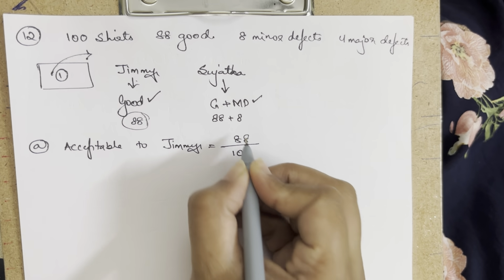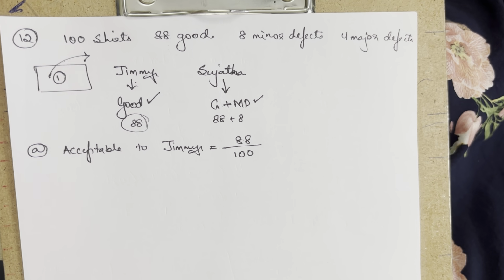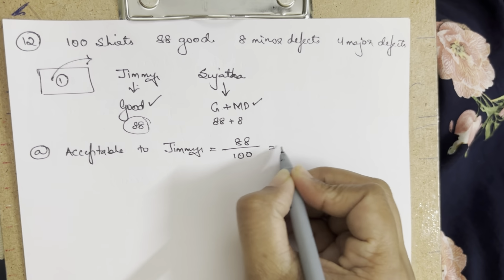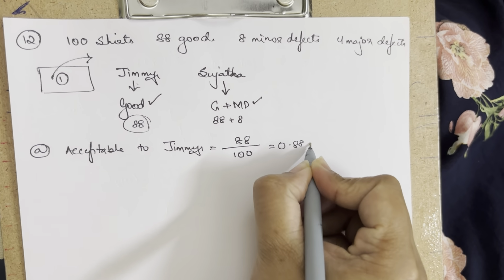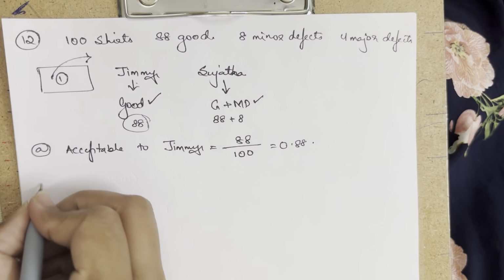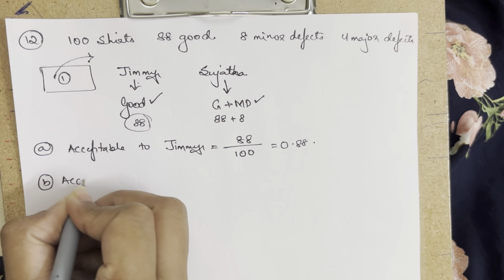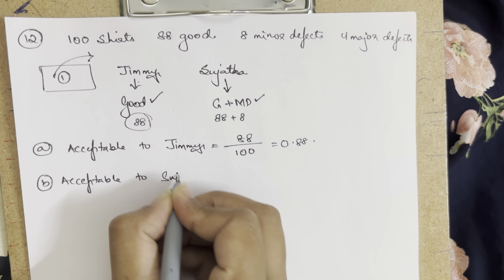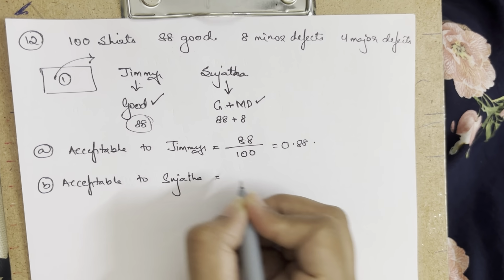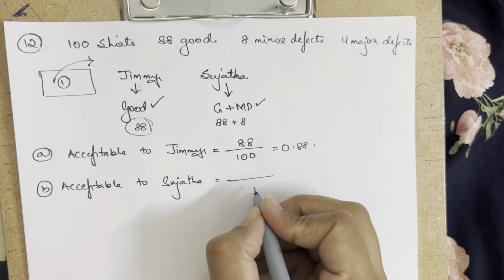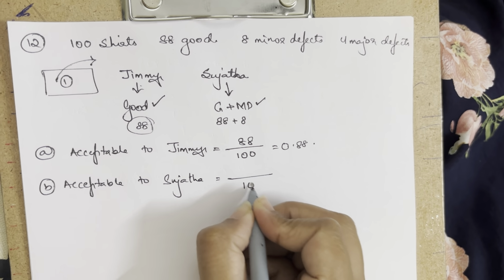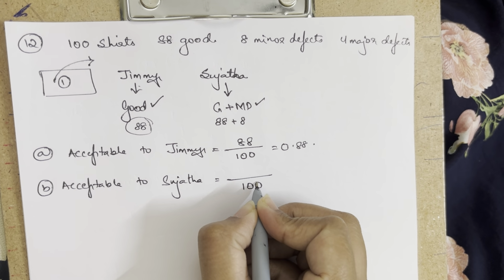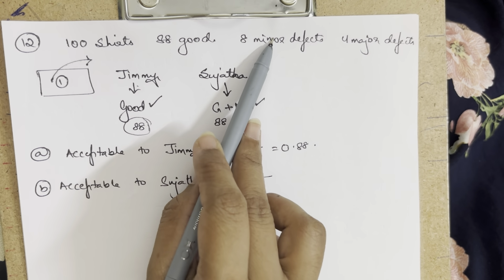So the probability goes as 88 upon 100 for Jimmy, which turns out to be 0.88. Then further ahead, it talks about acceptable to Sujata. For her also there are a total of 100 shirts. Out of this, she's going to take the good and the minor defect ones.